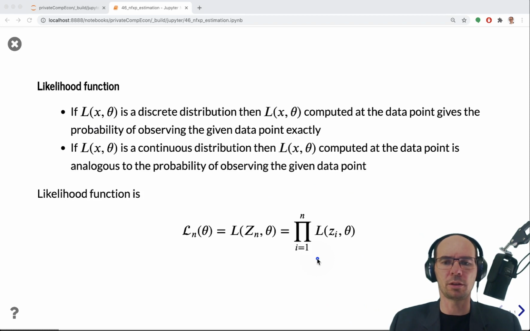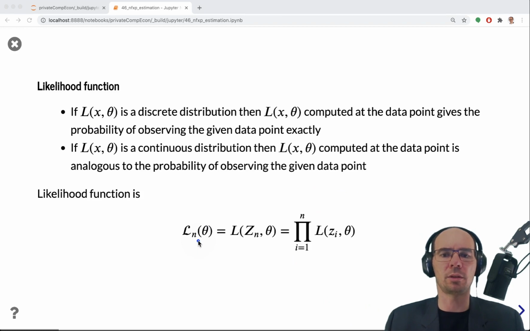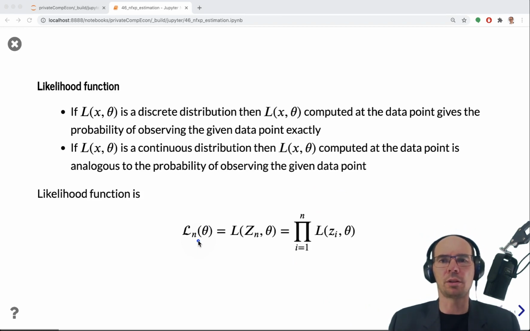Assuming that the observations are independent, we can take the product of the probabilities of each observation z_i. And this likelihood function, which depends on n observations, essentially corresponds to the likelihood, the chance of observing that particular sample. And this is what we want to maximize with respect to theta.